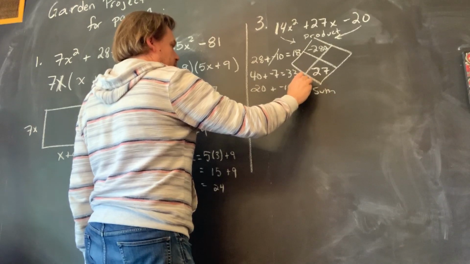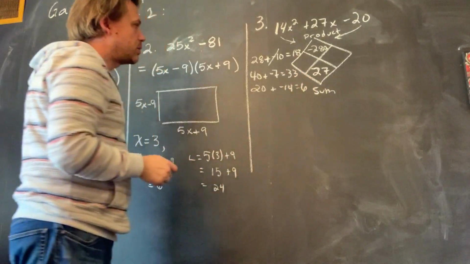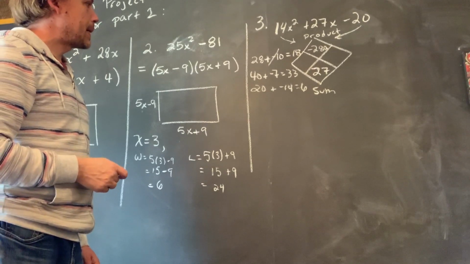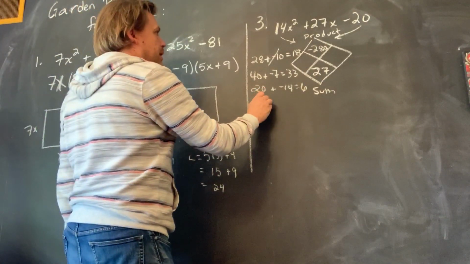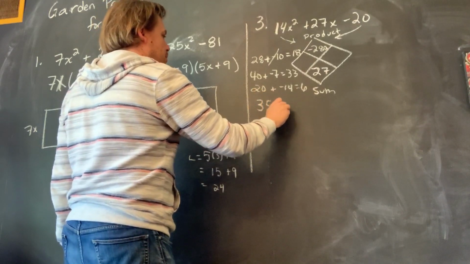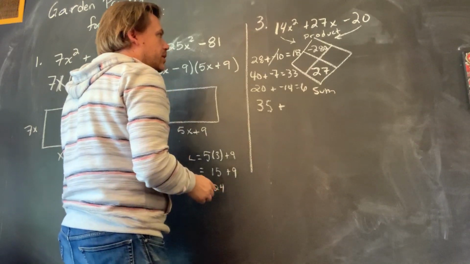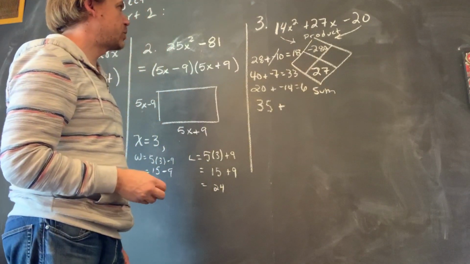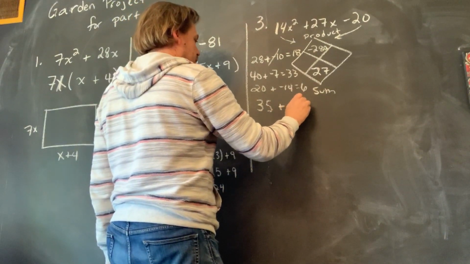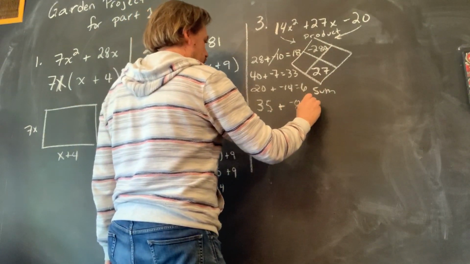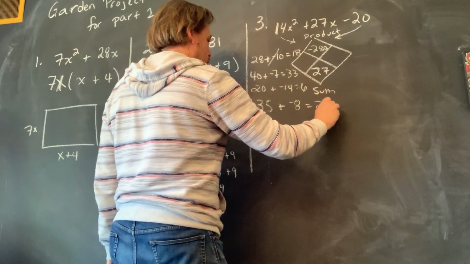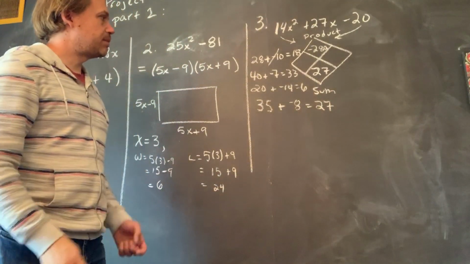That's only going to be 6. So then what about this? 35 plus, okay, so I know it's going to be 4 times 2, 8. 35 times 8, so plus negative 8. That'll work. So 35 and negative 8.